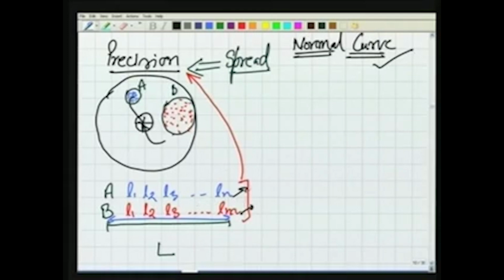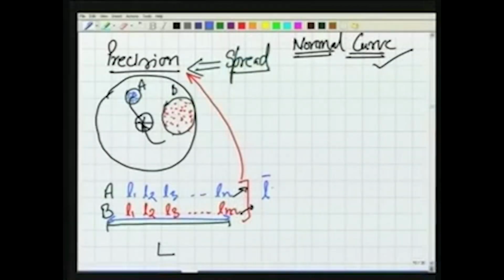Well, for this first set of observations, I find the L bar and the sigma, let us say sigma A. For this set of observations B, I again find L bar and I find sigma B. You can compute these. Of course, we are assuming in our observations there is no systematic error component, no outlier, and no mistake or blunder.